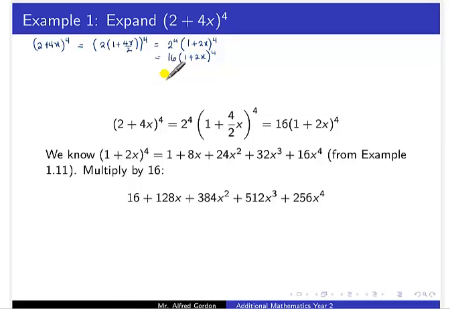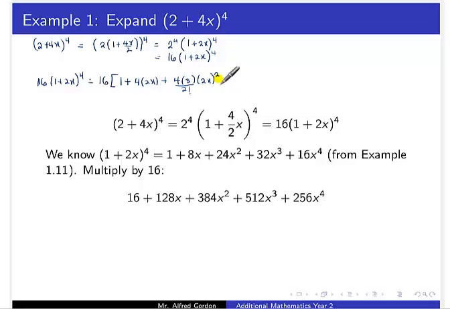So stay with me here. Now to expand this, we have 16 factored out, and we have 1 plus 2x all to the power 4. Expanding this using the special case, we have 1 plus nx, where n here is 4 and our x here is 2x, plus 4 times n minus 1, which is 3, all over 2 factorial, then 2x all to the power 2.